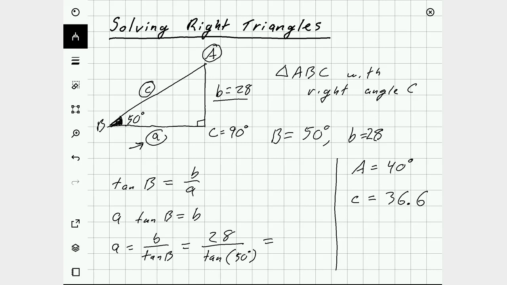And punch in 28 divided by the tangent of 50 degrees. I get 23.4947, etc., which I'll round and call 23.5.